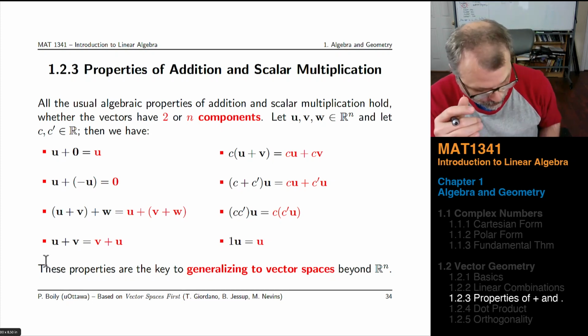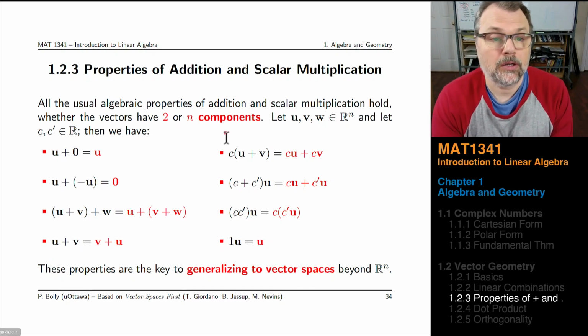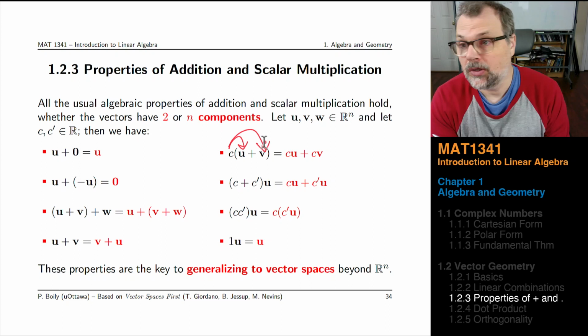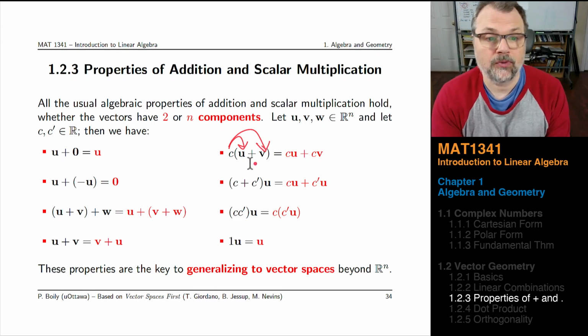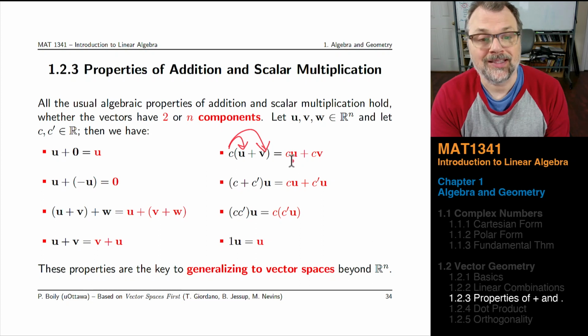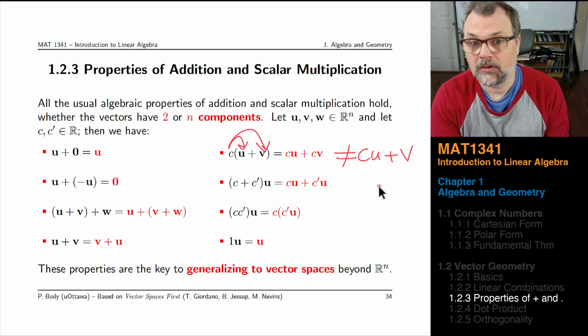You can distribute a scalar over a sum as you would expect, as you do for numbers. So c times (u plus v) is cu plus cv, which in general is not the same as cu plus v. You have to put the c in front of both the u and the v.